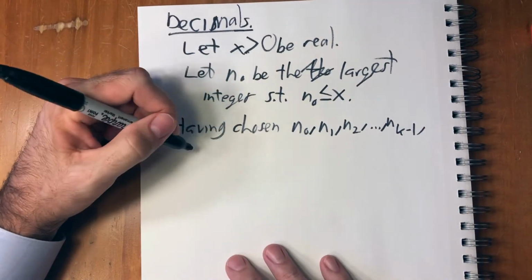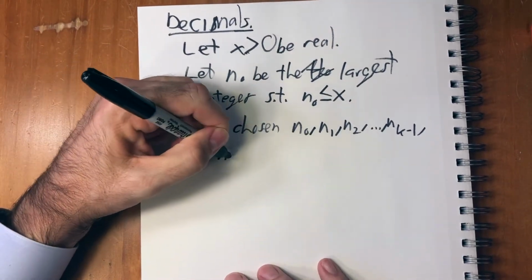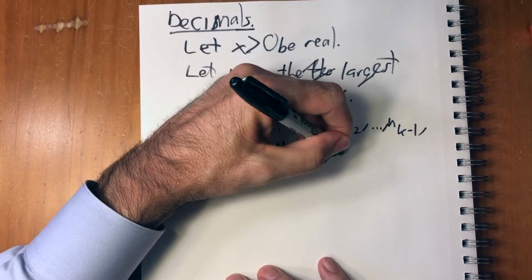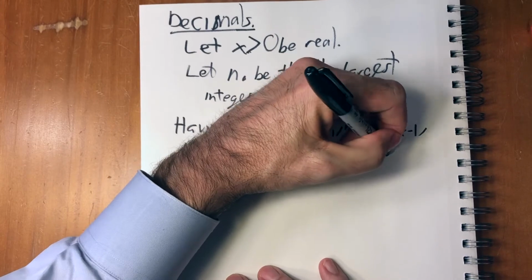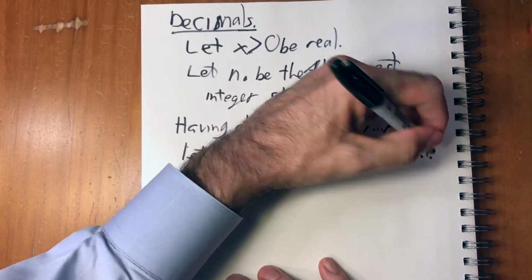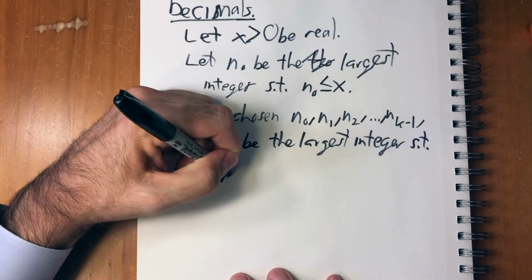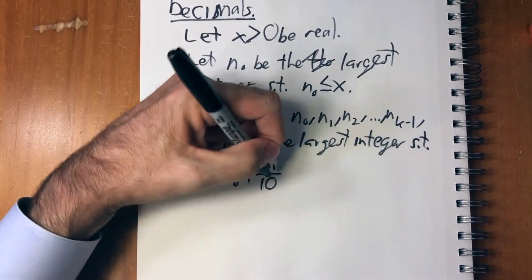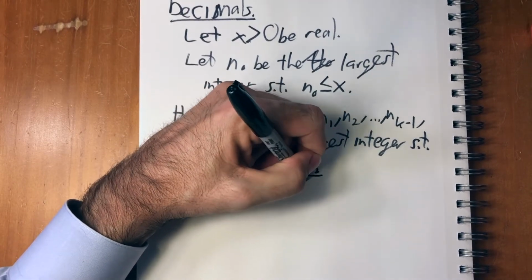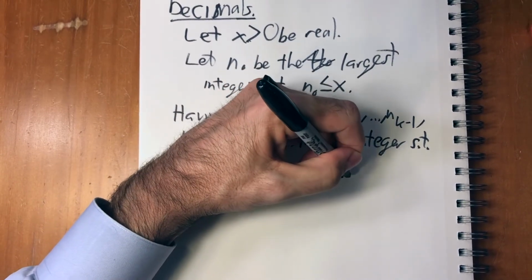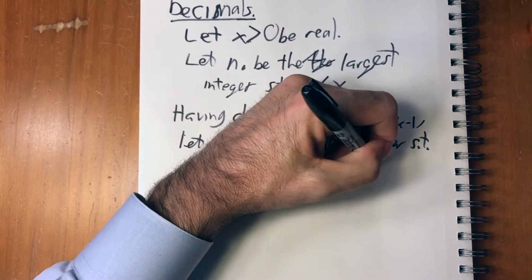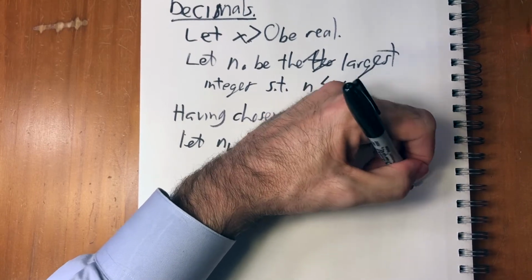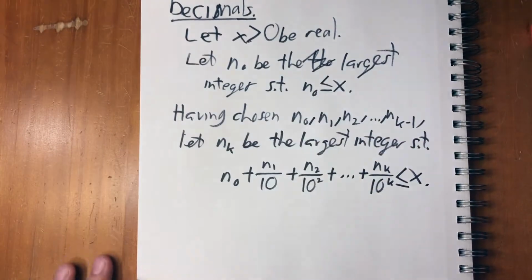Having chosen these already, let nk be the largest integer such that n0 plus n1 over 10 plus n2 over 10 squared plus up to nk over 10 to the k is less than or equal to x.